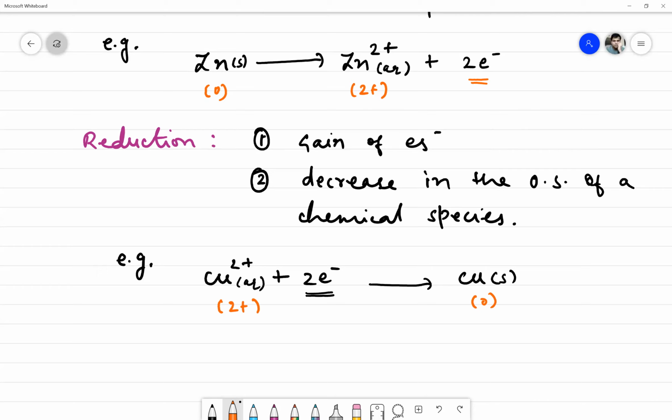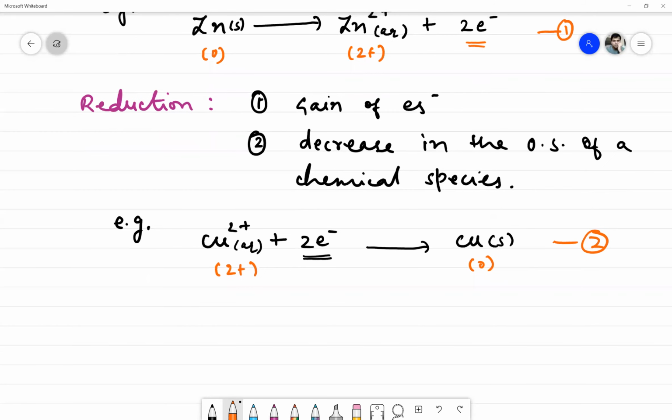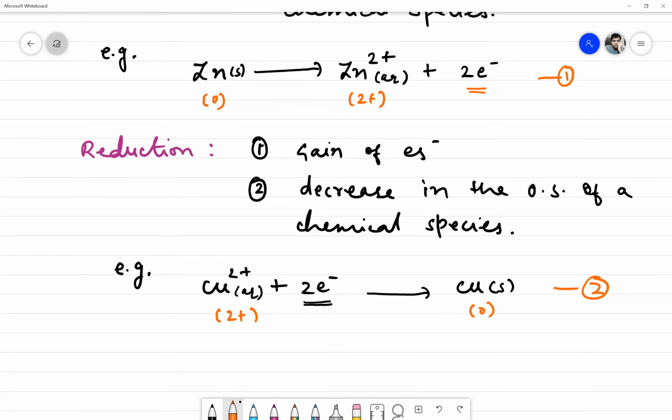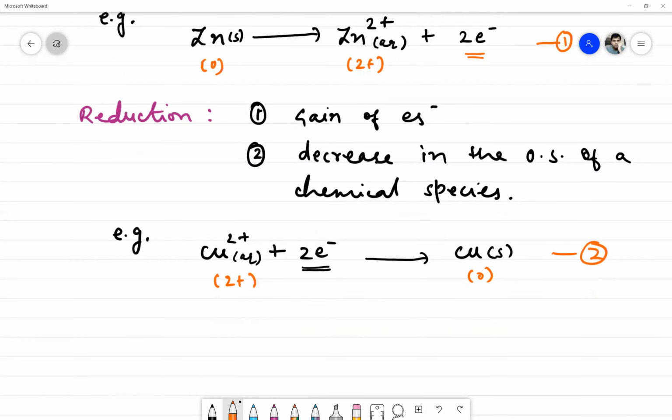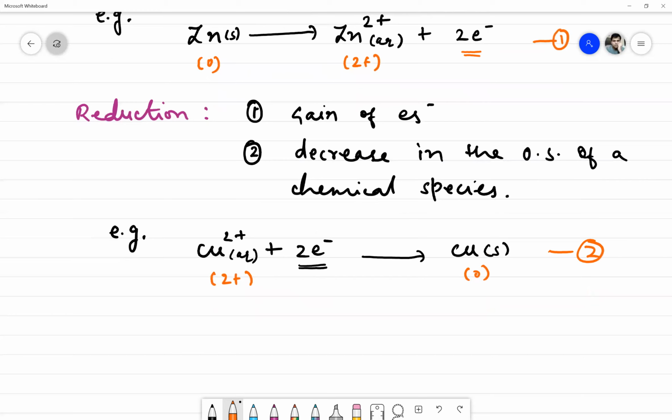Now if we combine these two reactions, 1 and 2, remember that reduction or oxidation never takes place independently. Both reactions take place simultaneously. If there is a loss of electrons, then there should be another species which can accept those electrons. So oxidation and reduction reactions always take place simultaneously. If we combine reactions 1 and 2, then what do we get here?